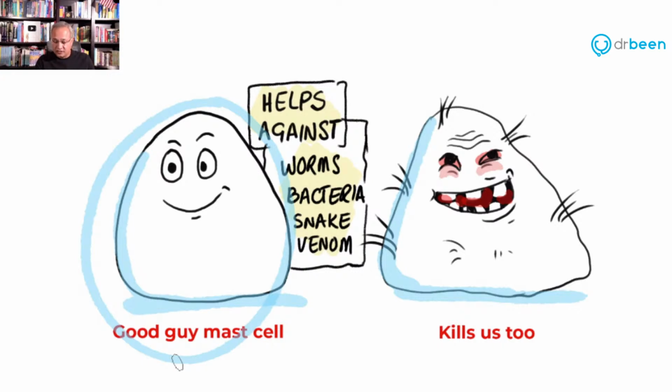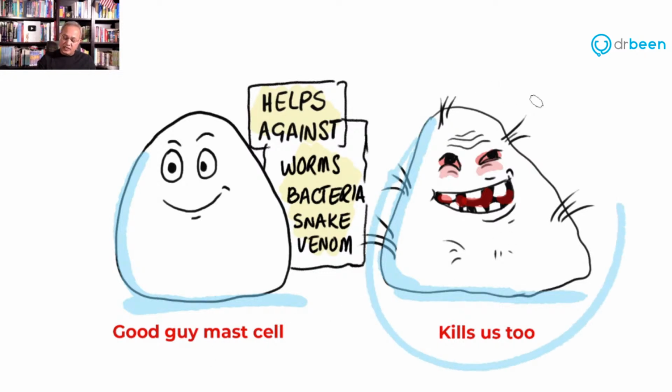So they take part in that. Mast cells help against some bacteria as well. Mast cells help clear out some of the snake venom as well. So they were actually historically good cells for us. But nowadays, sometimes they go into this real troll phase and start killing us as well.